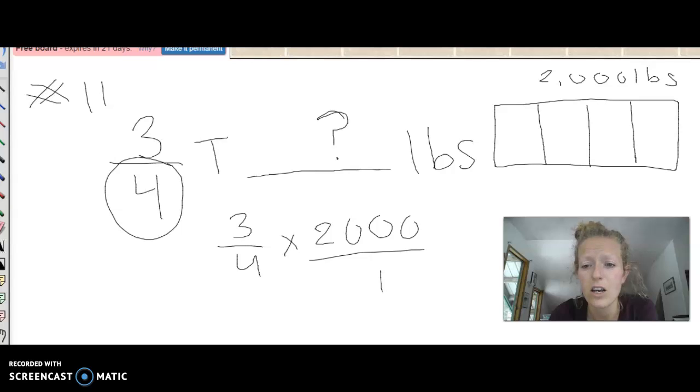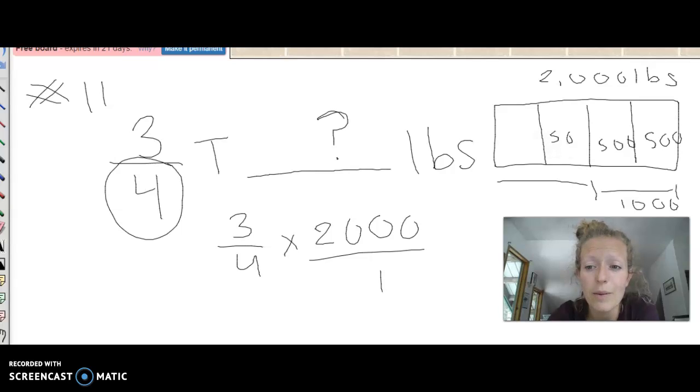How many pounds are going to go in each quarter? To simplify this, we can think of what is half of 2,000? Well, half of 2,000 is 1,000. So you know that this half over here is going to be 1,000. Well, what's half of 1,000? Half of 1,000 is 500, right? So we know that in each quarter, I'm going to have 500 pounds. Nice.